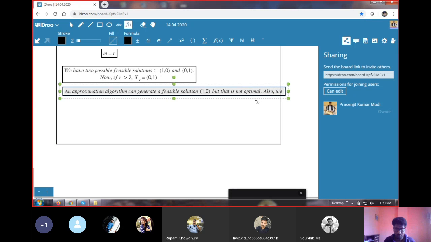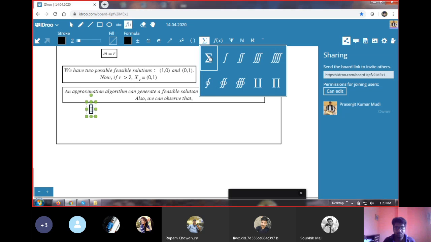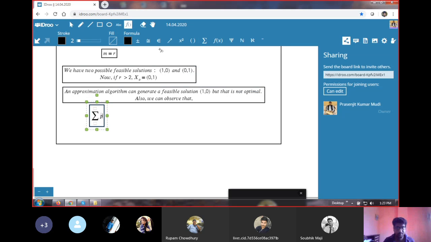Also, we can observe the summation of pi equal to, in this case, if I take 1 comma 0, then it is 2 into 1 plus r into 0, which is 2.